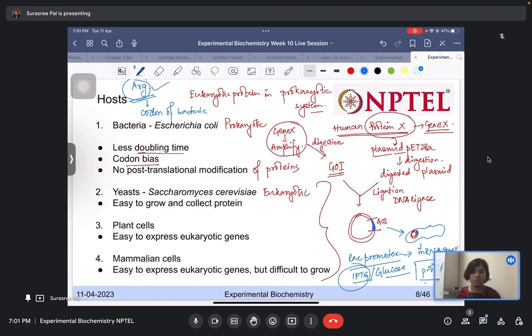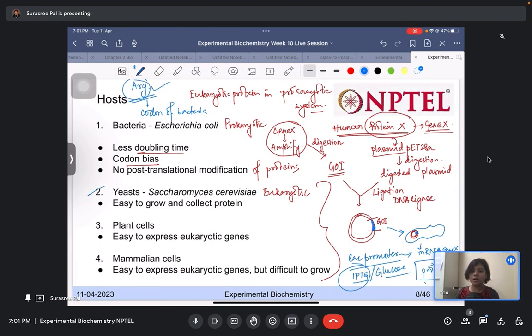Now, for post-translational modification, to avoid absence of post-translational modification, we can also express our protein of interest in a eukaryotic system like yeast. So yeasts are also very easy to grow, and the protein can be collected easily from Saccharomyces cerevisiae.